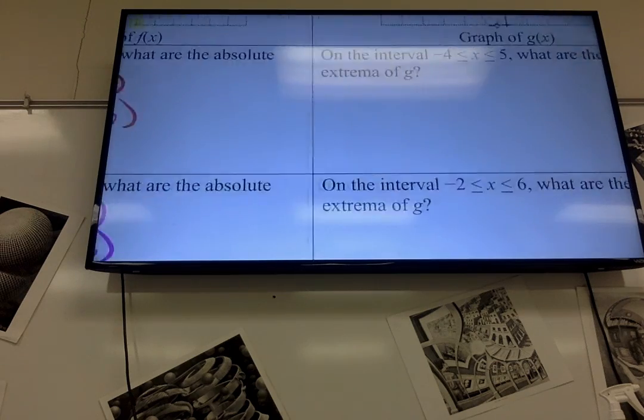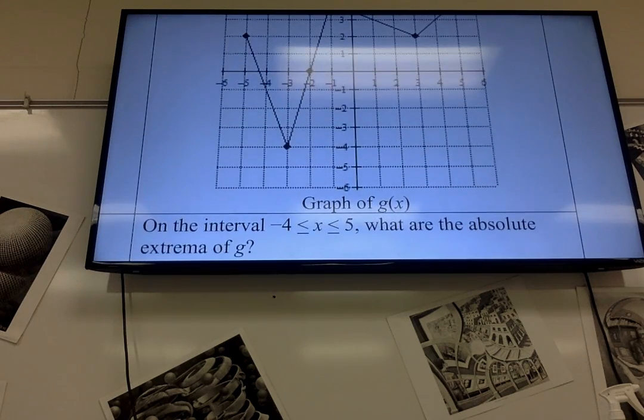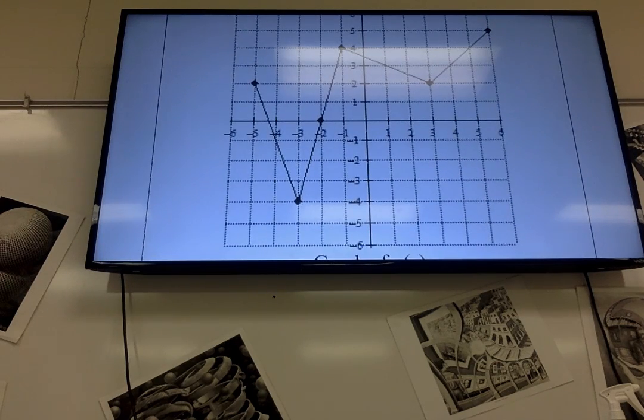Now we're going to look at, yep, you're there. Look at the other one, from -4 to 5. I'm just going to highlight -4, 5.